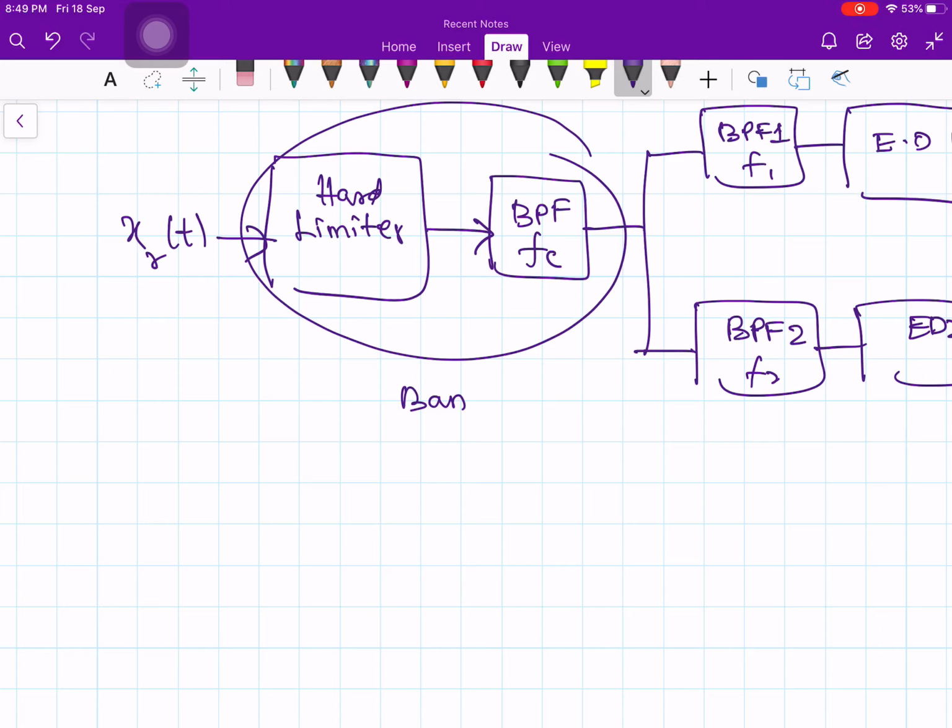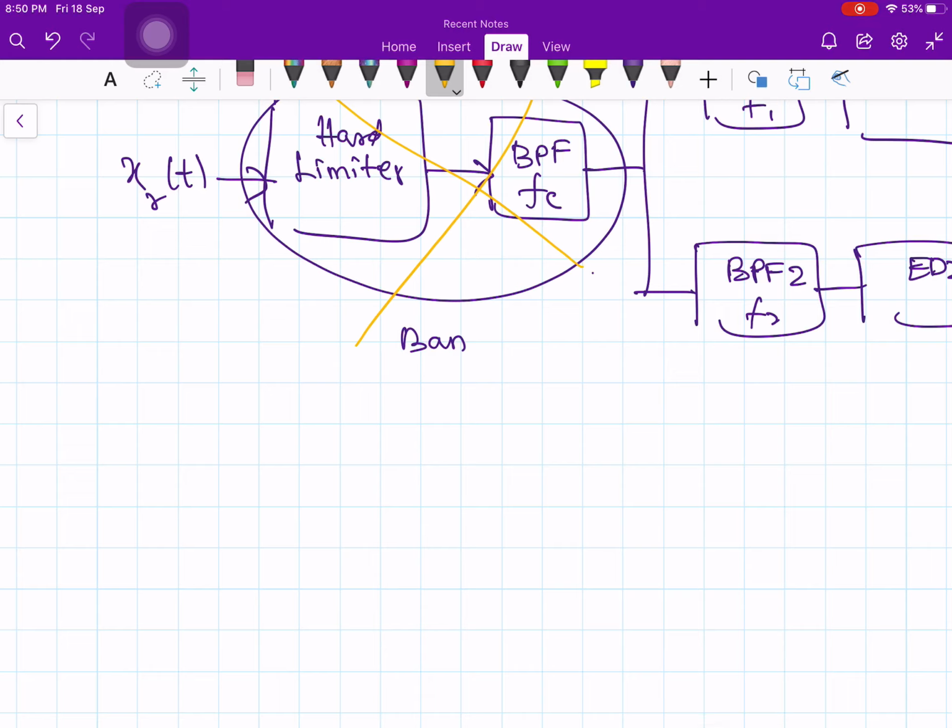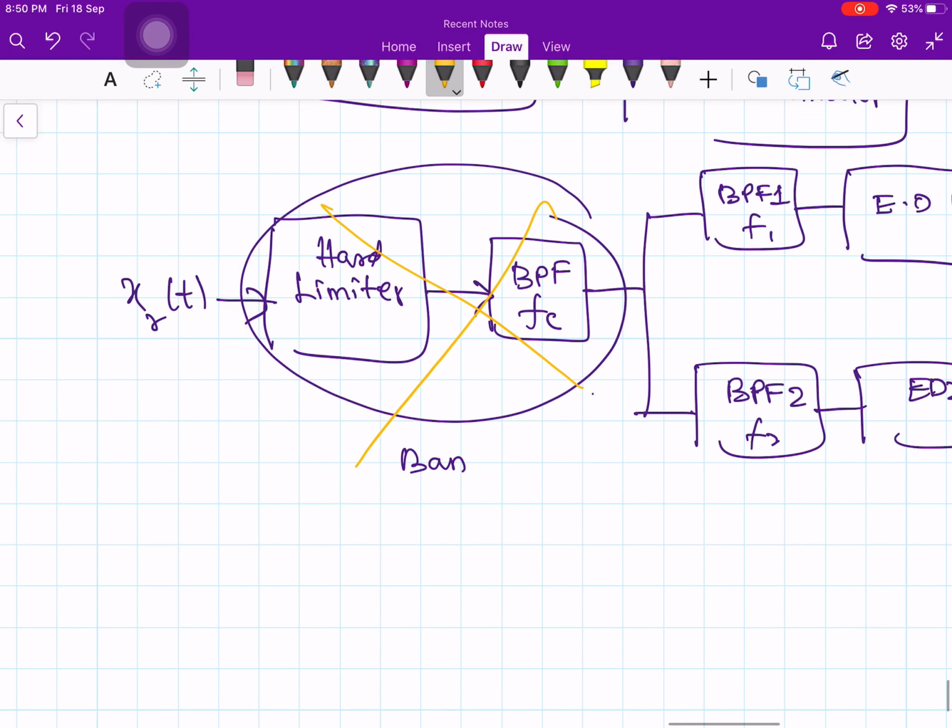If the channel does not introduce any distortions and there is no noise added to the frequency modulated signal, then there is no need of this. But in practice that never happens. Whatever you transmit, that signal will be either distorted by the system itself or noise will be added, and the noise is coming from the channel. If the channel causes no amplitude distortion, no envelope variations of the input signal, then we don't need a bandpass limiter.